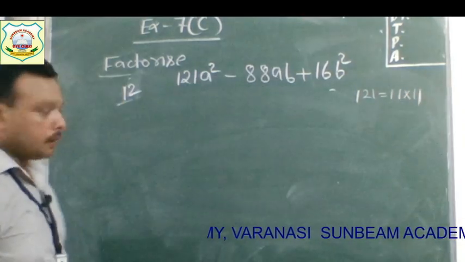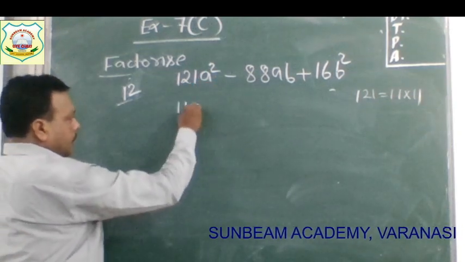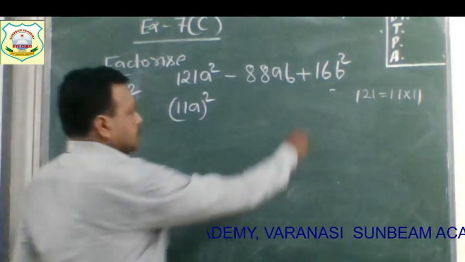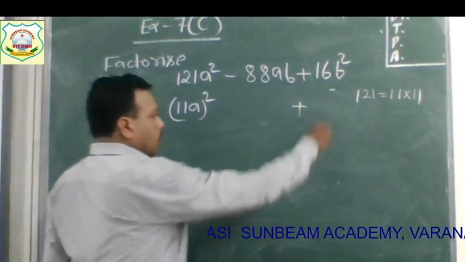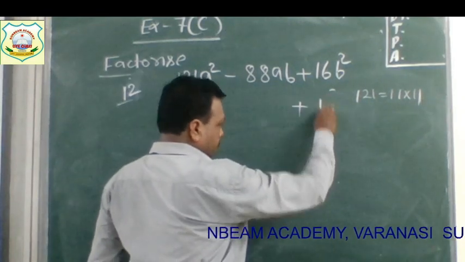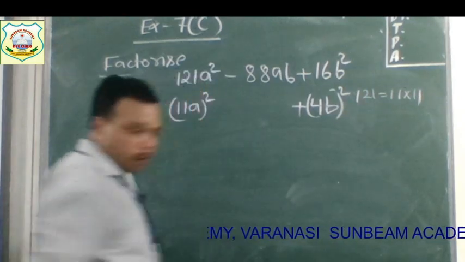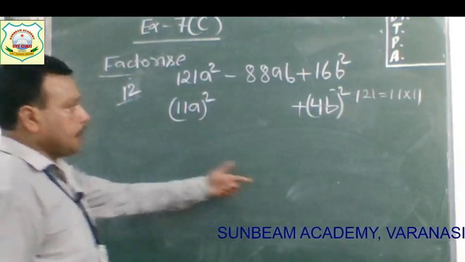So 11 square and a square, we can write 11a whole square. Plus 16b square. 16 is the square of 4, so 4b whole square. Now we have got a square and b square.